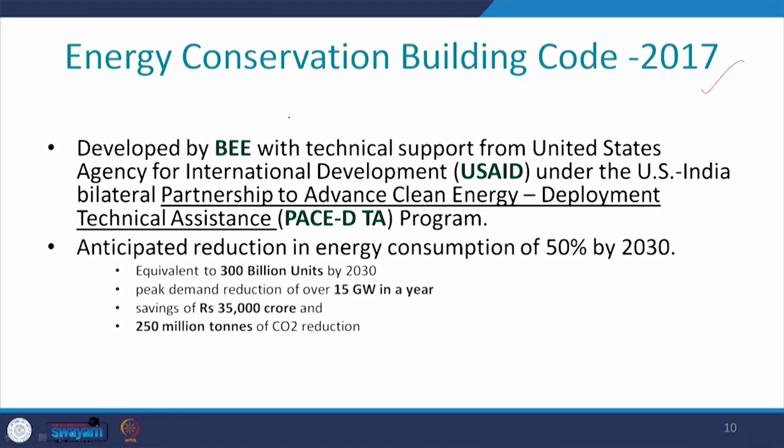All these systems which affect the energy usage of a building are covered as part of ECBC, and besides that the addition of renewable energy is very briefly handled, but not in detail. So, this is what this entire code covers. It talks about the energy conservation in buildings.